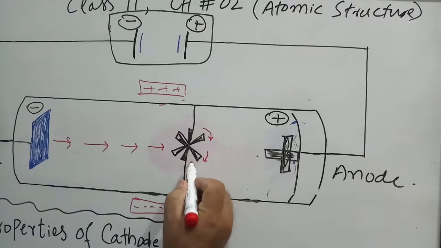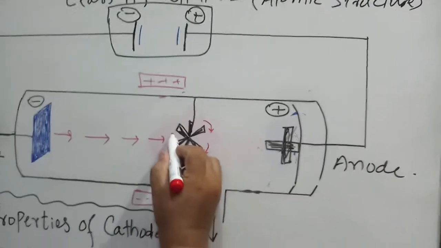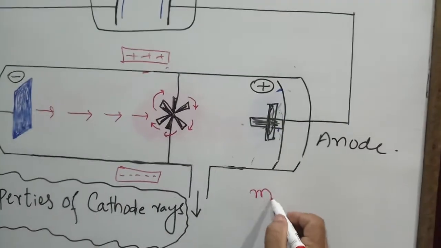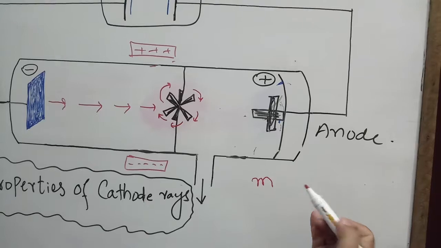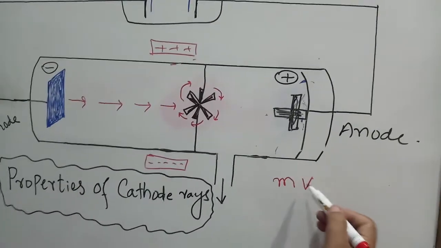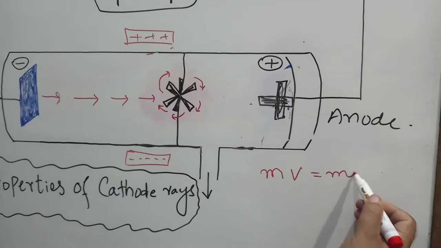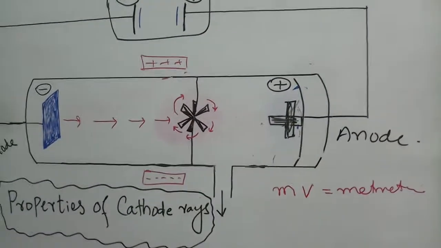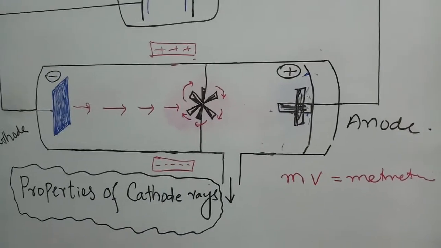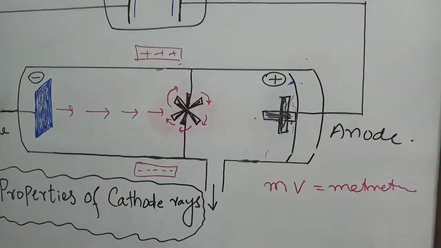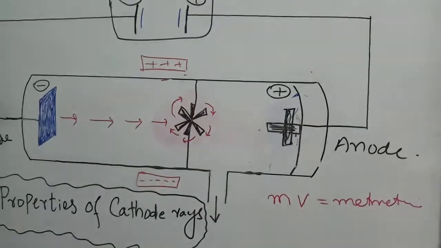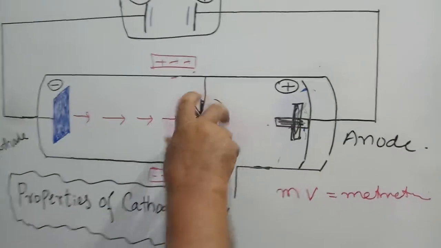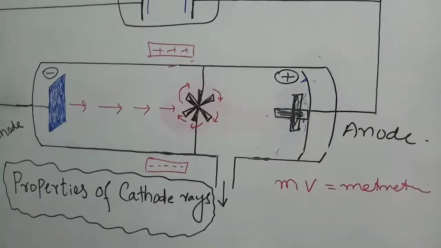This rotation indicates that cathode rays carry some mass m, and they also have some velocity or kinetic energy, and the product of mass and velocity is called momentum. So cathode rays have momentum. They are material particles with some mass and kinetic energy, and this was the main reason for the rotation of the small wheel.